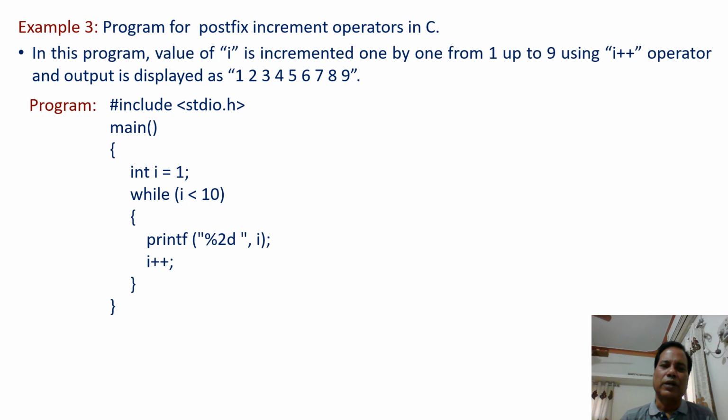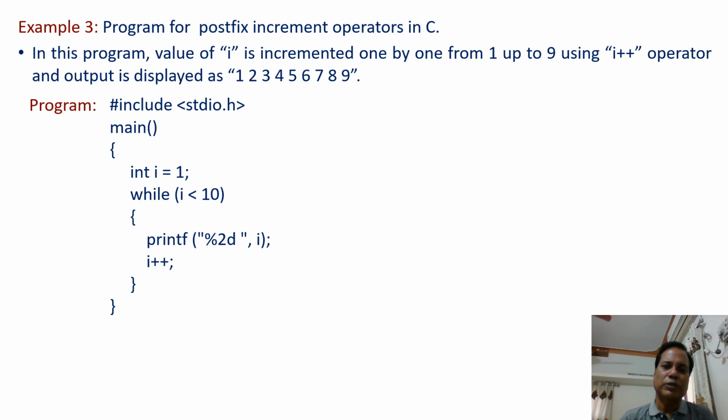So this goes on till the condition becomes false, and here we see that the condition is true as long as the value of i is 9 or less. So on the output screen, numbers from 1 to 9 are printed, and after printing the 9, when the value of i is incremented, it becomes 10, and when the condition is checked, 10 less than 10, the condition becomes false.